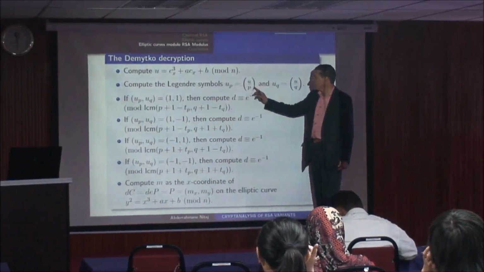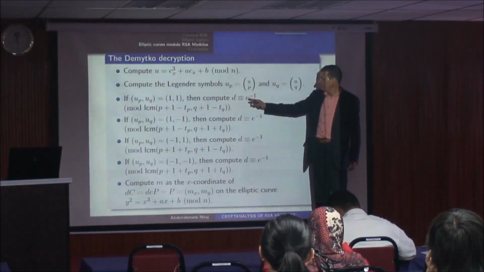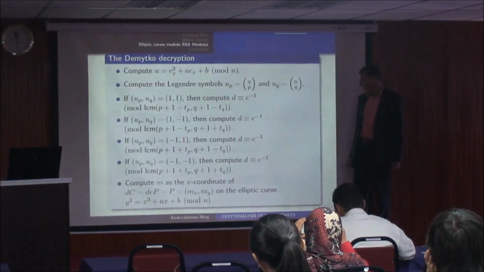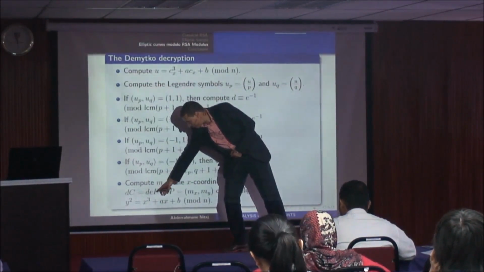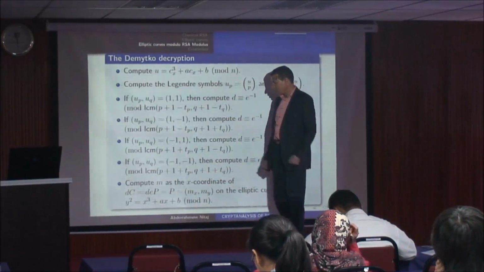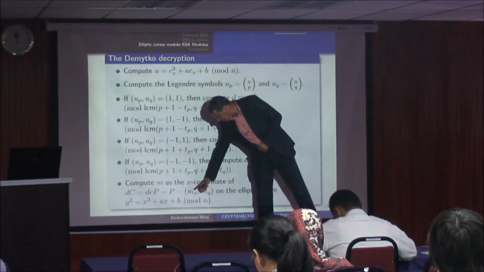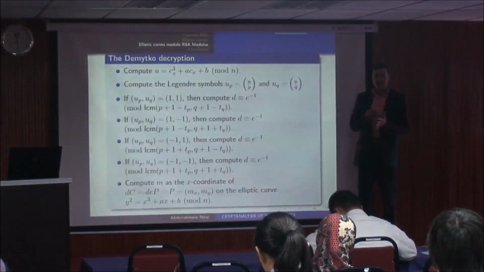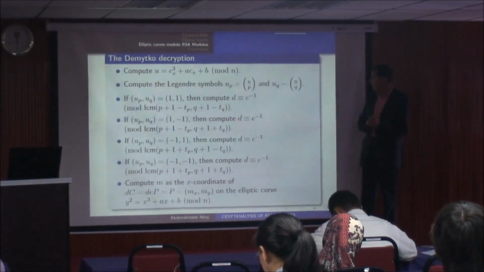If you get 1 in here and 1 in here, then you can compute d like this, and after that you can compute dc. dc will be de times p, and since de is 1, you are going to get that dc is p, and you know that p is mx and my, and in this situation you are going to get the plaintext as before the equation.